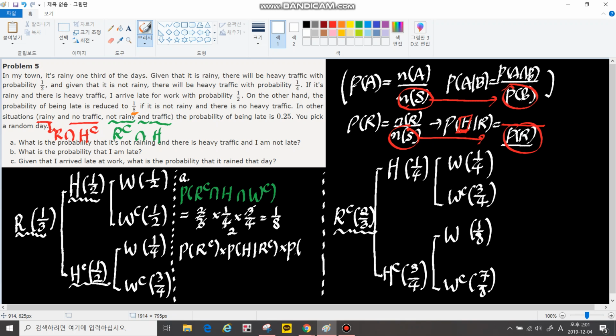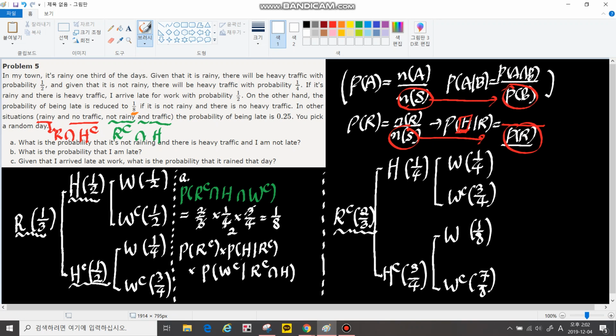I do not have space, so I will just erase that and then write it down over here. So it can be calculated this way.